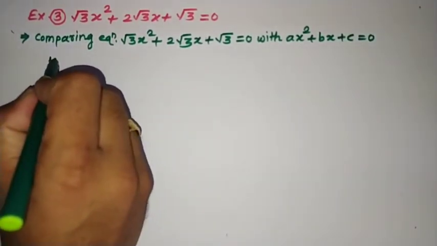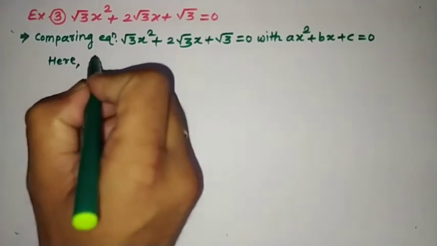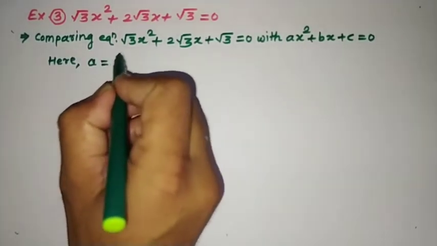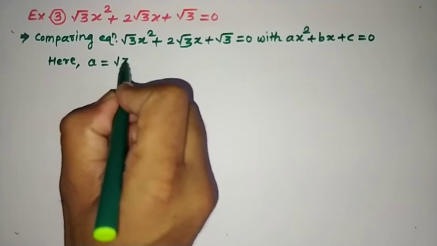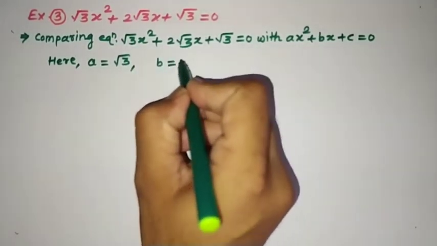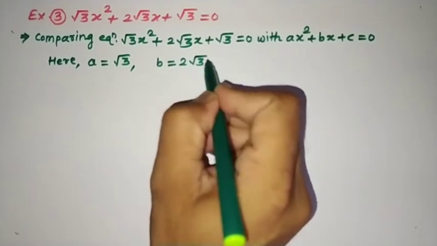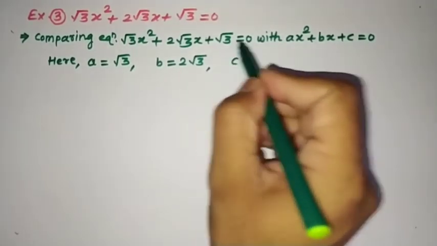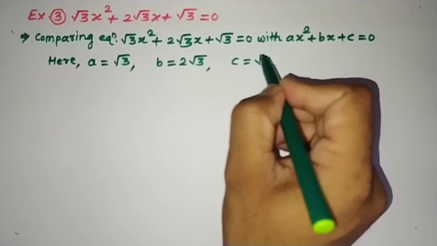Here the value of a is equal to root 3, the value of b is equal to 2 into root 3, and the value of c is equal to root 3.